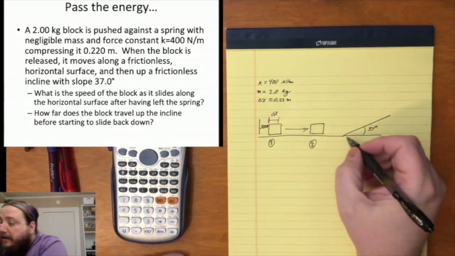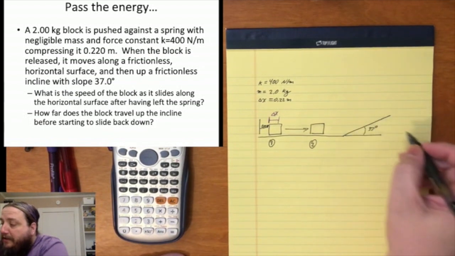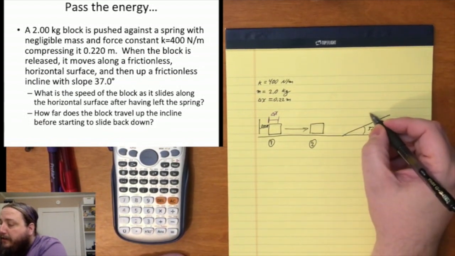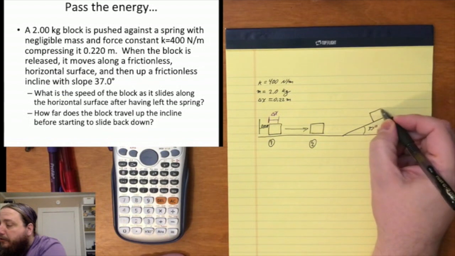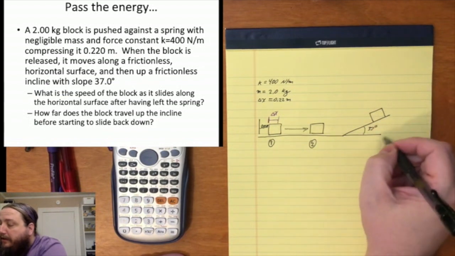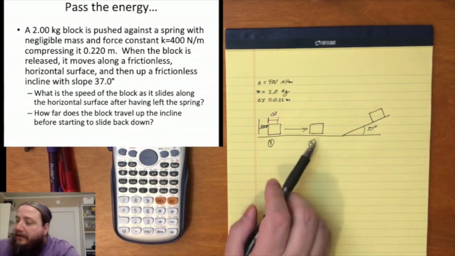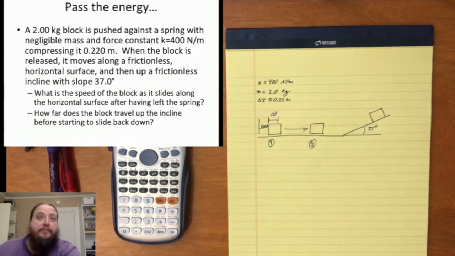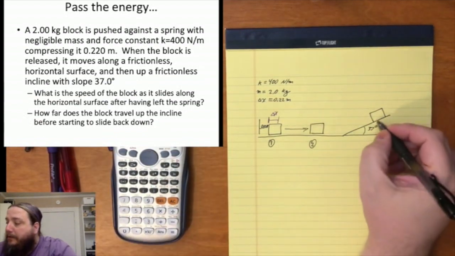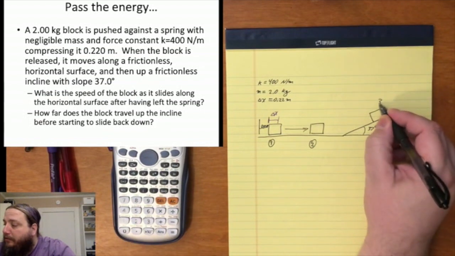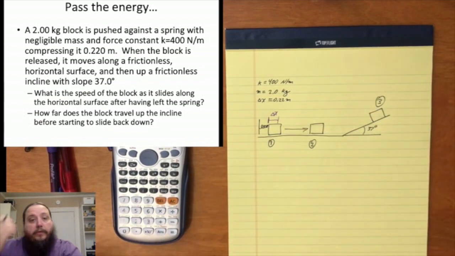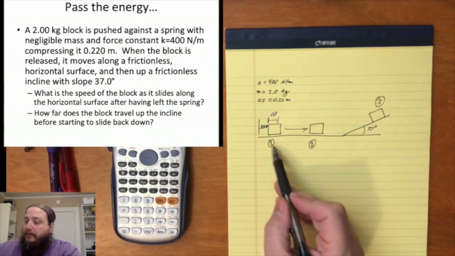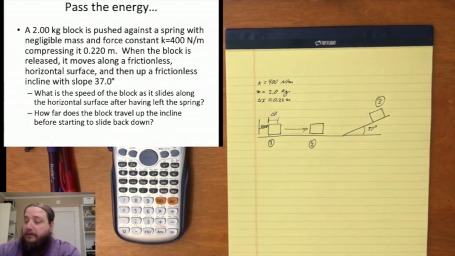And then at some point it's going to start climbing the hill, and as it climbs the hill, gravity is slowly slowing it down, and there'll be a moment here, we'll call it moment 3, when the box briefly comes to rest. And so we've identified 3 interesting moments in time.